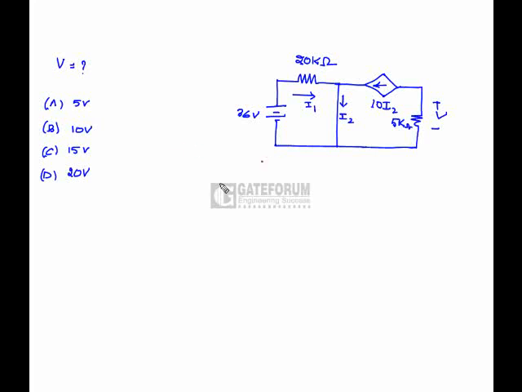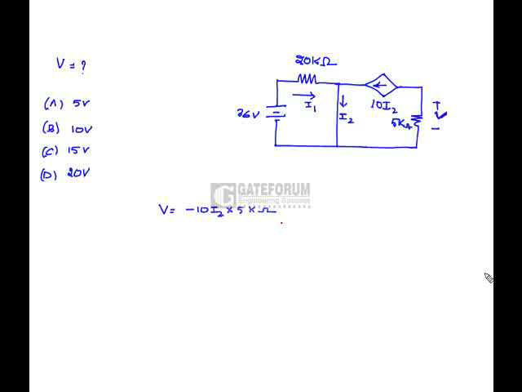We have to find the value of the voltage V across the 5 kilo ohm resistor. Here V is nothing but minus 10 I2 into 5 kilo ohms. So if we know I2, then we are going to know the value of the voltage across the 5 kilo ohm resistor.